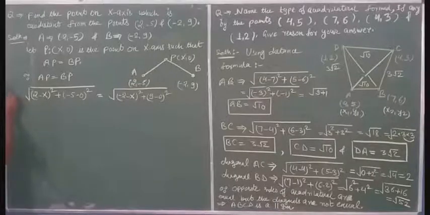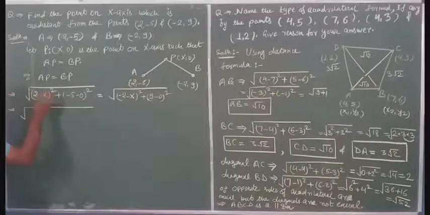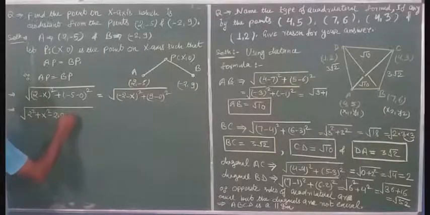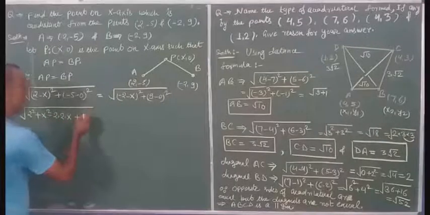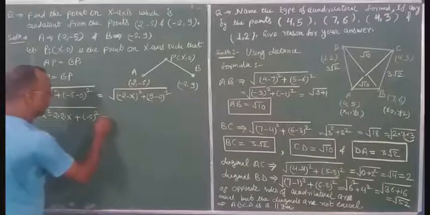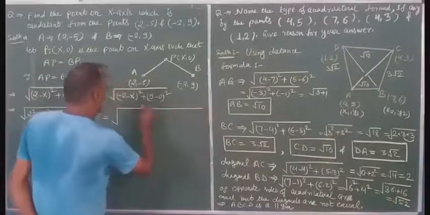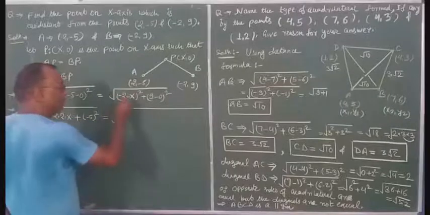So what will happen? Just use the formula: (2 minus x) whole square is a square plus b square minus 2ab. And minus 5 minus 0 is minus 5, whole square, is equal to, just look here, the other side.